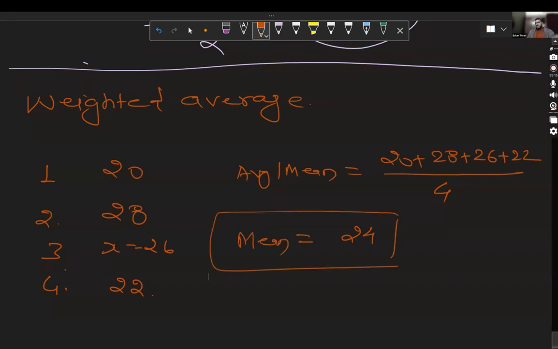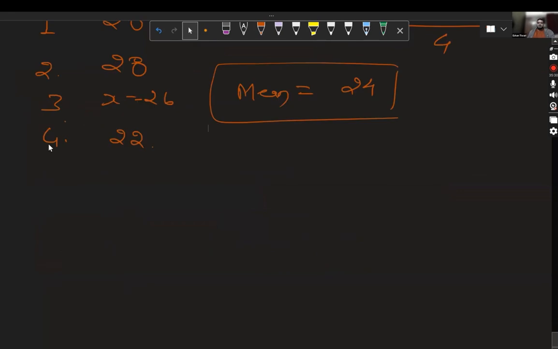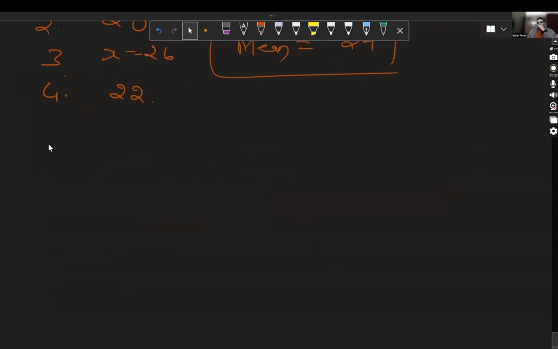But there are some situations in life which do not mean that all the observations are of equal weightage. So I'll go back to my college days. In college we have a concept of GPA. So GPA has two columns: percentage and credits.